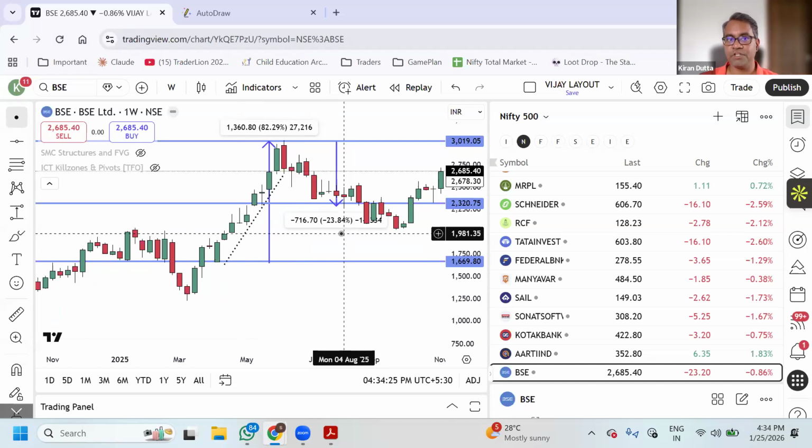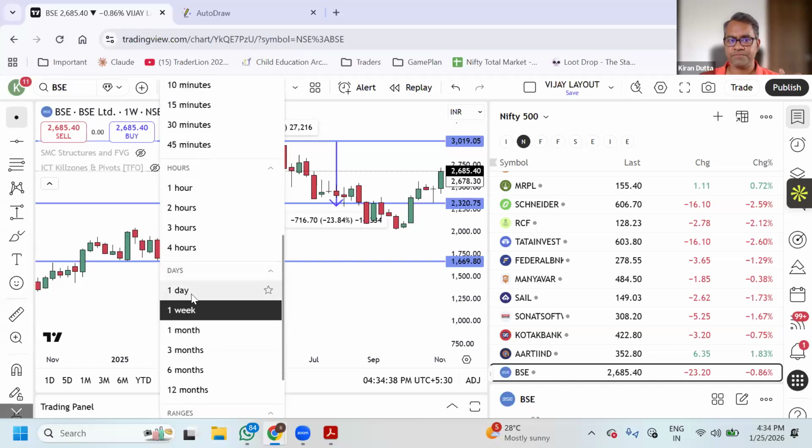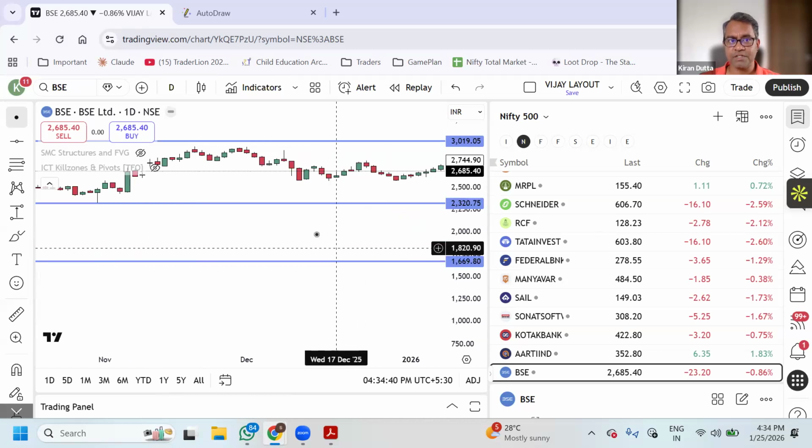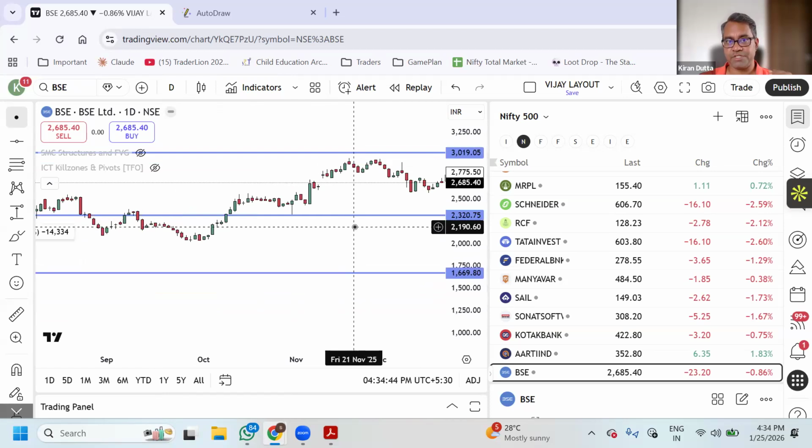Also, the weekly time frame will give you a sense of direction of how the stock is moving overall in the long run. But if you want to take an entry for about a couple of days and make a decent buck, you need to look at the chart on a daily basis primarily.